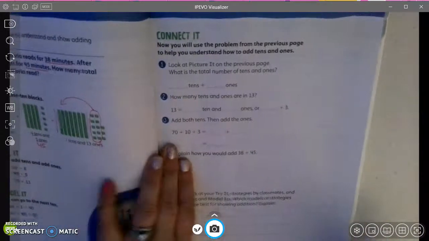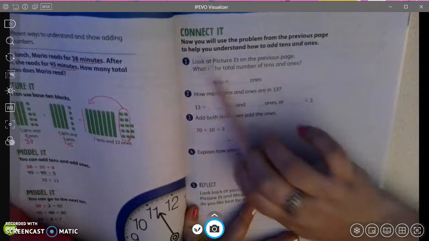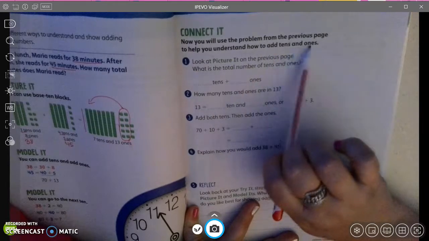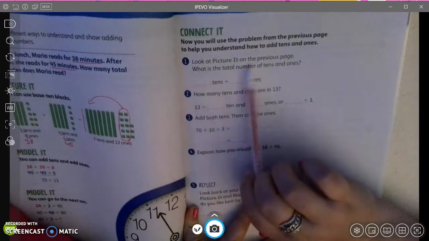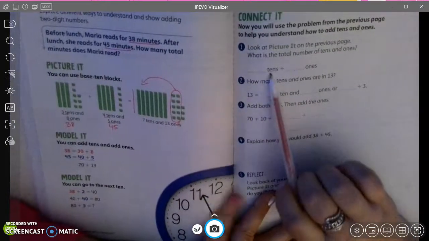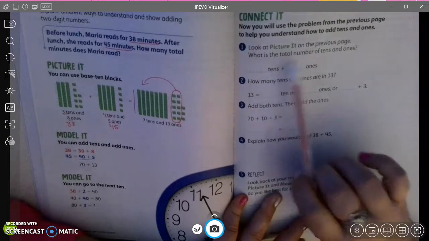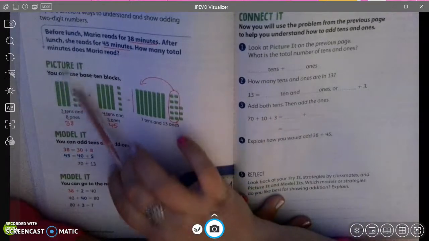I'm really done now. For connected, you will use the problem from the previous page to help you understand how to add tens and ones. Look at the picture on the previous page. What is the total number of tens and ones? This is where we don't use the 0 and we just say how many tens. I'm looking at the picture right here.